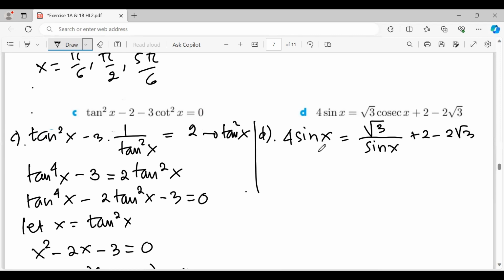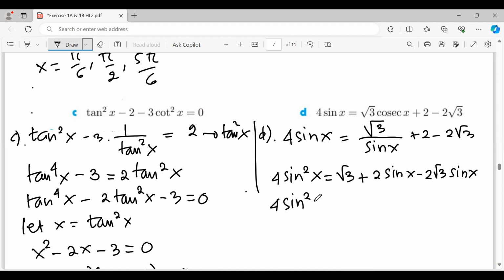After that, multiply by sine x, and it's going to be 4 sine squared x equals root 3 plus 2 sine x minus 2 root 3 sine x. Next, 4 sine squared x minus 2 sine x equals root 3 minus 2 root 3 sine x.